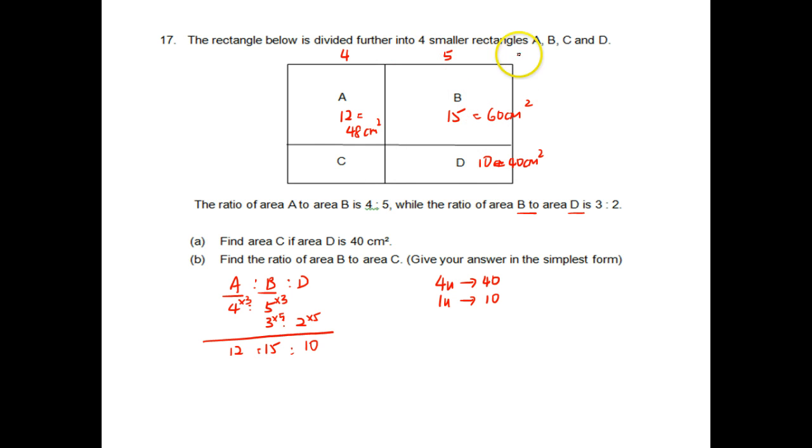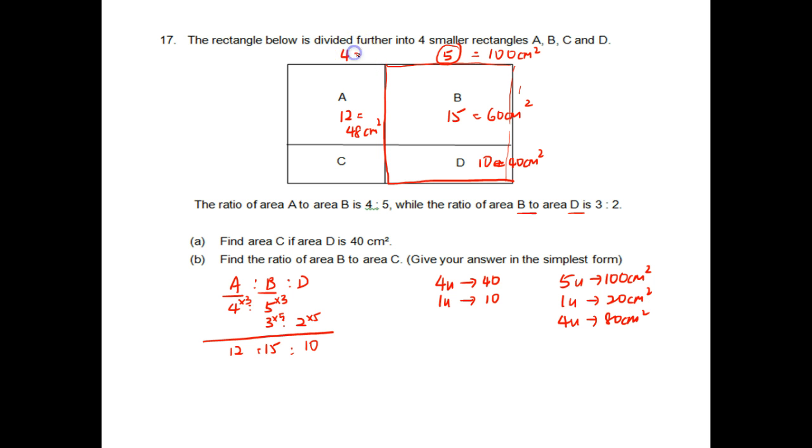For B is 5 here. This whole thing should be 5. Okay, so 5 unit is 60 plus 40, which will be 100 cm square. So 5 unit is 100 cm square, 1 unit will be 20 cm square. 4 unit will be 80 cm square.